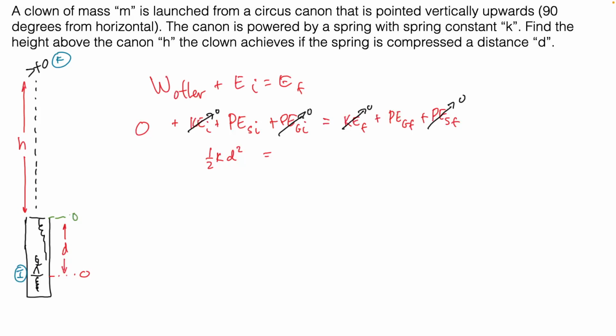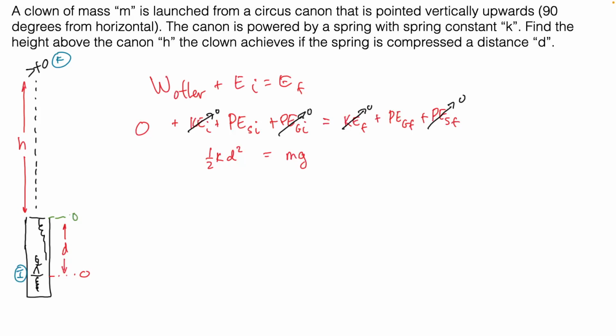MGH, that's the mathematical form, but what is the h in this problem? What's the total height above the 0 point? It's h plus d.